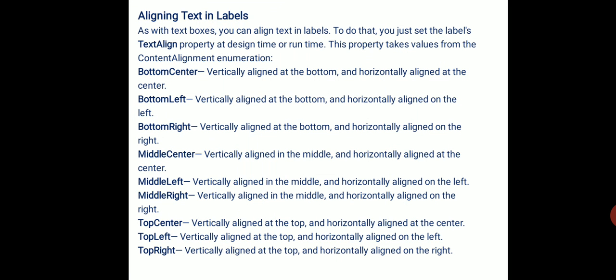Aligning text in labels. You can set the TextAlign property to these enumerations. See the ContentAlignment enumeration to align the text in a label. First one is BottomCenter: vertically aligned at the bottom and horizontally aligned at the center. BottomLeft: vertically aligned at the bottom and horizontally aligned on the left. BottomRight: vertically aligned at the bottom and horizontally aligned on the right.